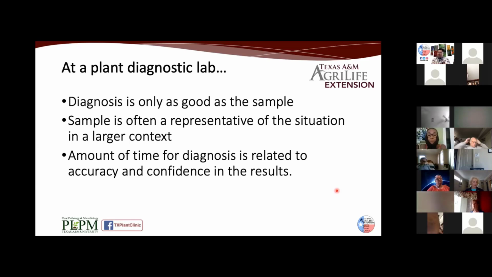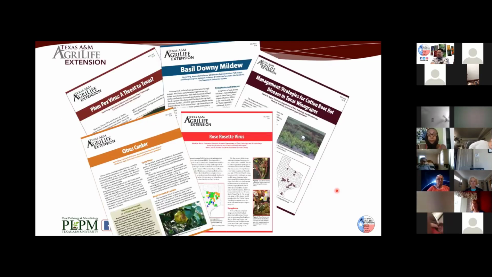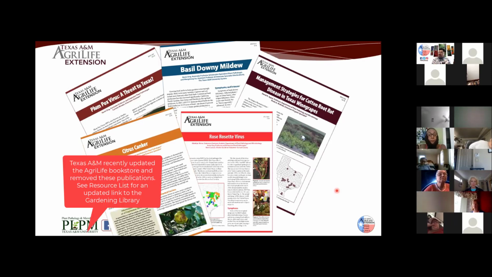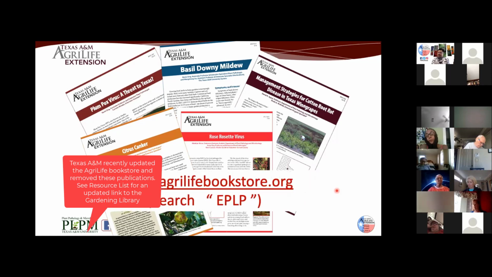Now, in terms of diseases, for simple diagnostics and then recommendations, I do want to point out that the Extension Plant Pathology group has a resource that's available to you, which is extension fact sheets. I believe you can access this at the AgriLife bookstore. To access the Extension Plant Pathology series, just search for EPLP and it should bring up a bunch of different fact sheets.